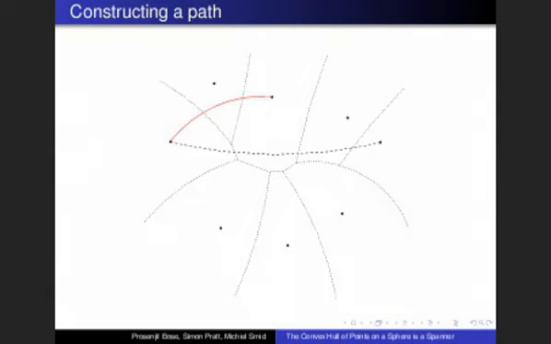Now, it's maybe not obvious, but the Voronoi diagram is actually the dual of the spherical Delaunay triangulation. So what that means is that basically whenever you have a vertex, a point where several boundaries meet in the Voronoi diagram, you have the center of a circle in the spherical Delaunay triangulation.